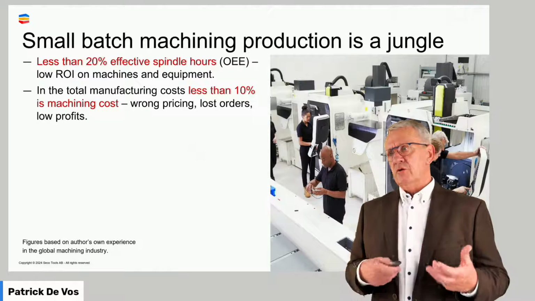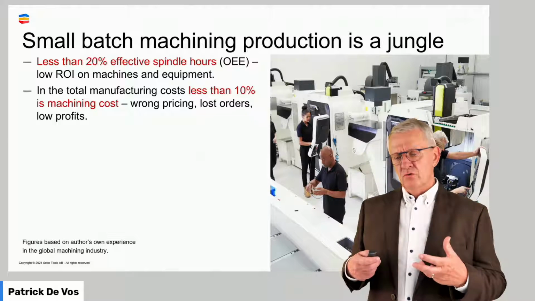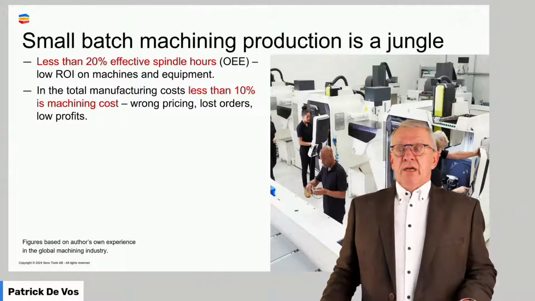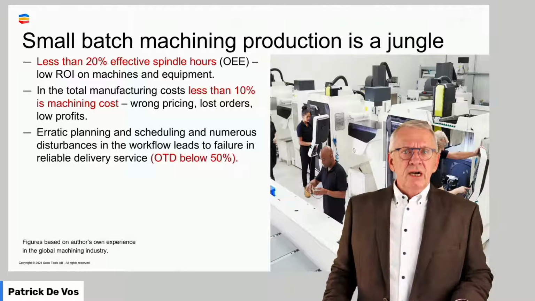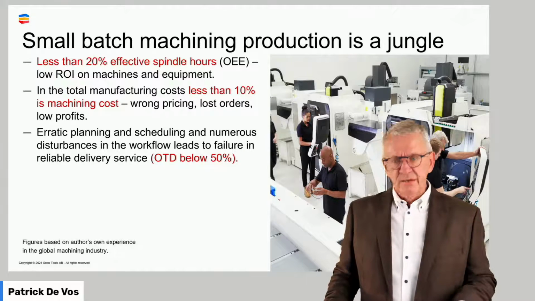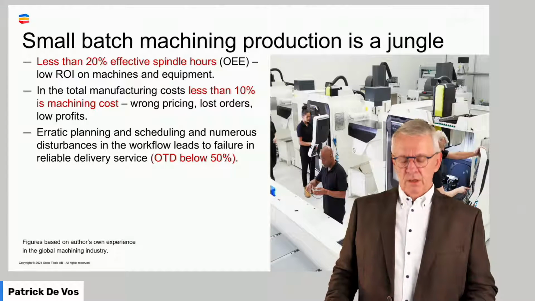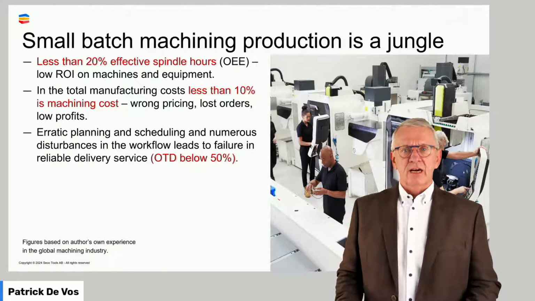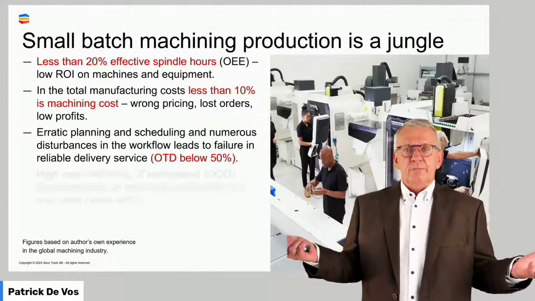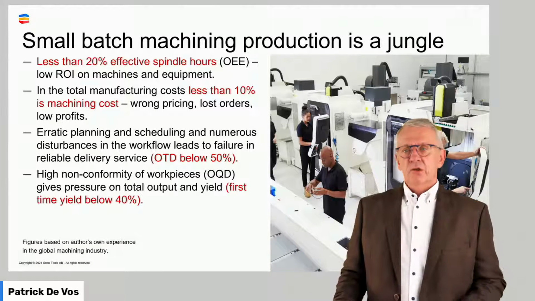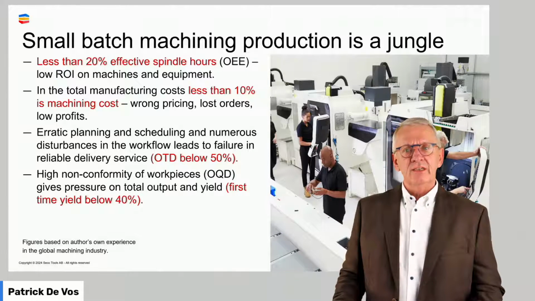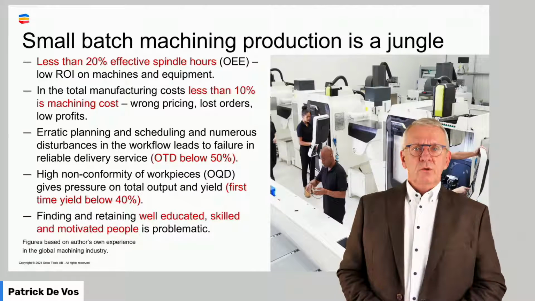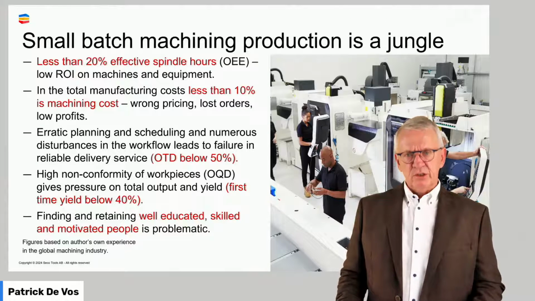If you look at cost structures, people still focus a lot on machining costs, but machining costs in the total picture in small batch production are only minor. We see that delivering on time is a big problem. People make all kinds of promises, and then after a while they realize the promises cannot be kept for whatever reason. Non-conformity of workpieces, the quality, is quite often a challenge. And the people working here are perhaps the biggest challenge of all.